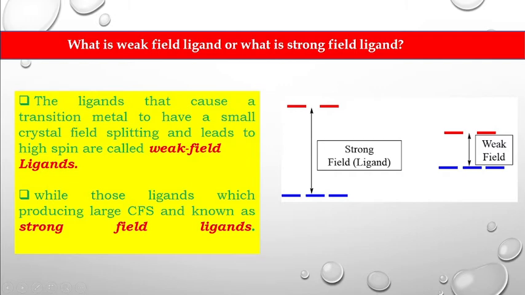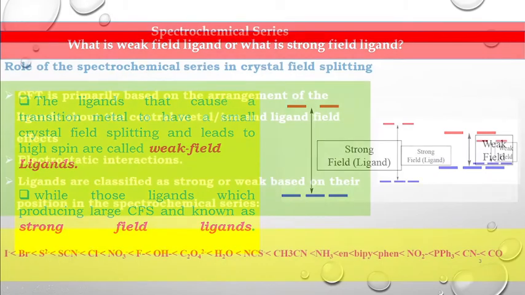Strong field ligands favor low spin complexes because the electron cannot move to the higher energy orbital easily, and weak field ligands favor high spin complexes as the delta naught value is small, so the electron can move easily to the higher energy orbitals.